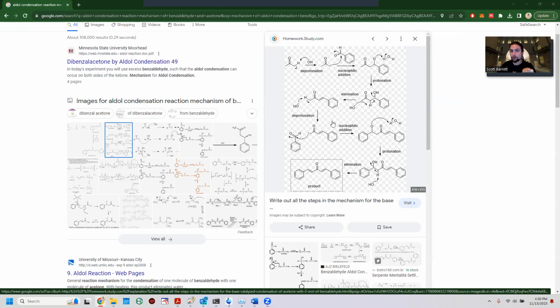Now, on the NMR, you would have an aldehyde proton present in your starting material, but in your product, there will be no aldehyde proton. The difference that is going to be really big if you run an NMR is going to be two things. One is the proton NMR. You'll have a double bond. You'll have protons coming off here, which will be significantly different than either your benzaldehyde or your acetone.